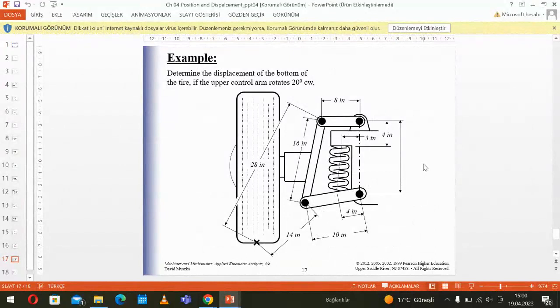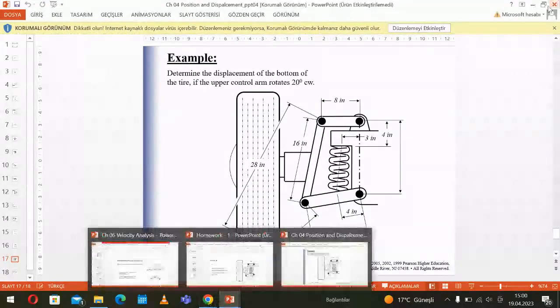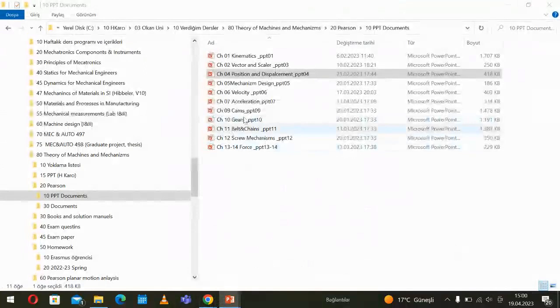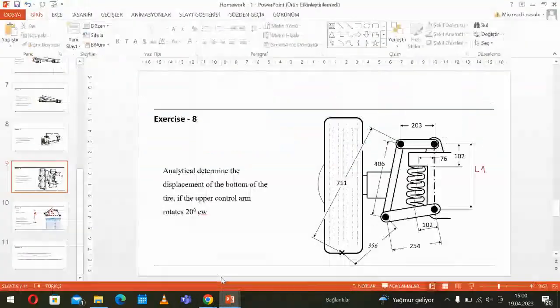So Professor, how can I solve the problem, because the formulas for this 4-bar mechanism need the length of L1 to be given? Let's check it. So what is given here?